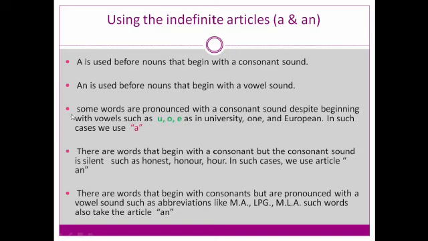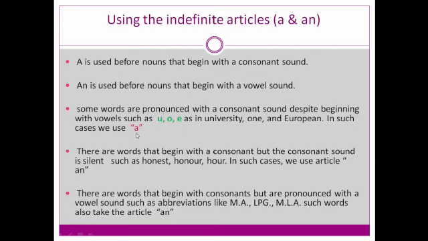Next, some words are pronounced with a consonant sound despite beginning with vowels. That is why I told you we have to look at the sound, not the letter. Some words are pronounced with a consonant sound despite beginning with vowels such as u, o, e, as in university, one, and European.